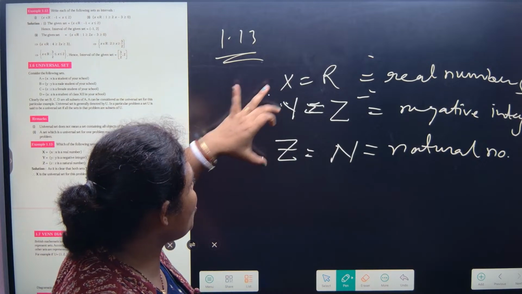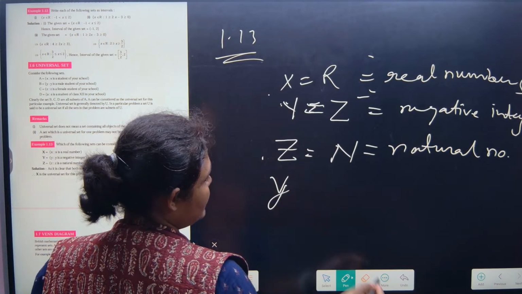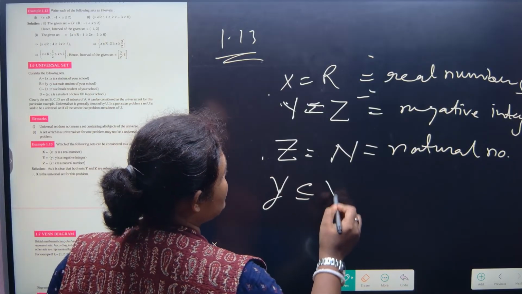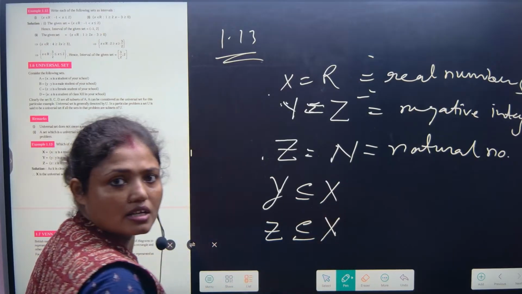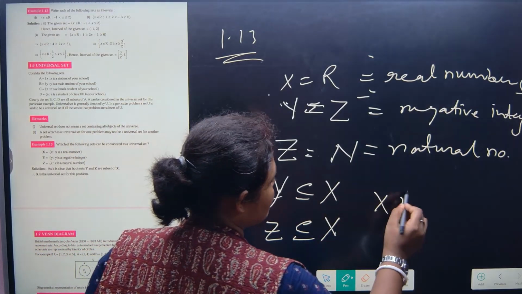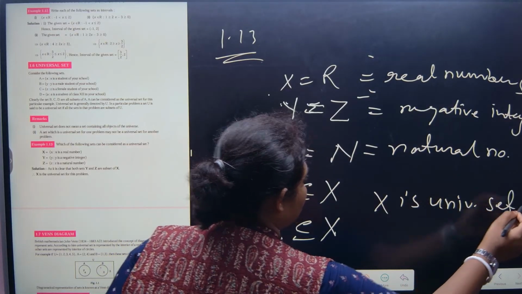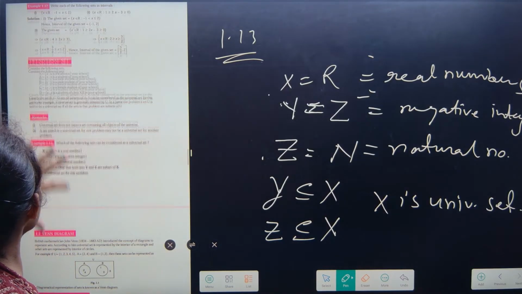But both Y and Z are subsets of X. Then X is your universal set, right? In this way we can find the universal set.